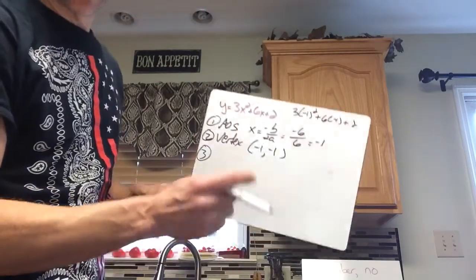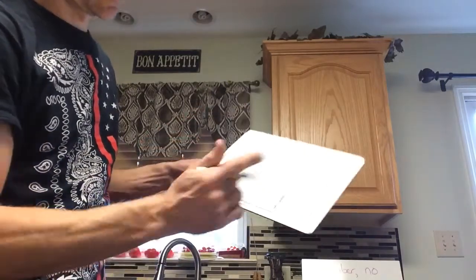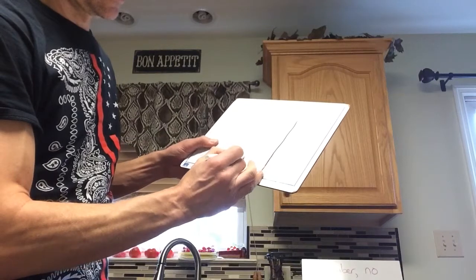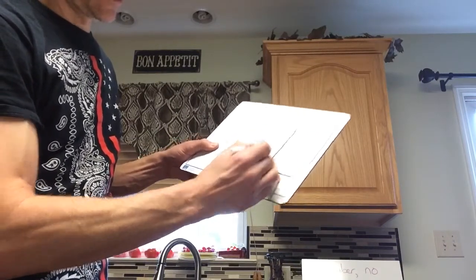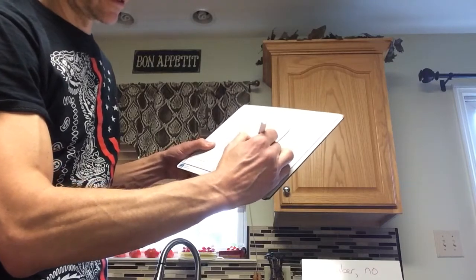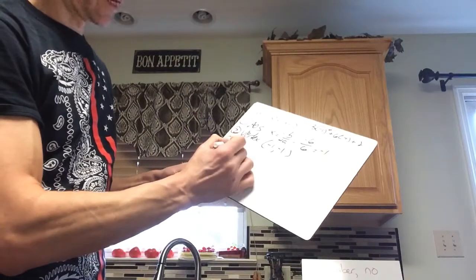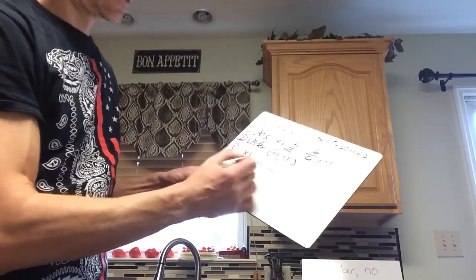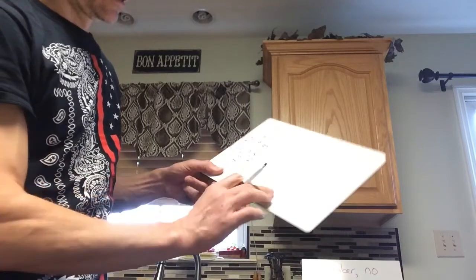And it's also opening upward, so I adjust where this guy is. I'm at negative 1, negative 1. There's my line of symmetry. Then at that point I create a table of values. 0 is always a good number to plug in. If I plug in 0, I'm going to get 2.